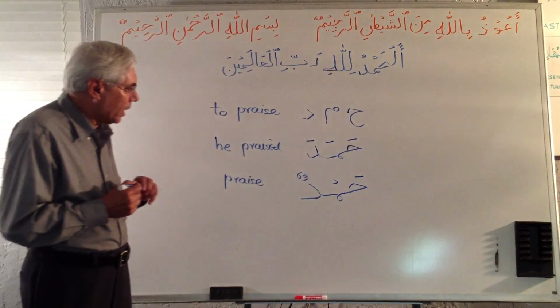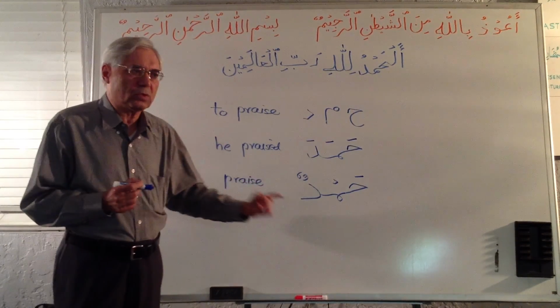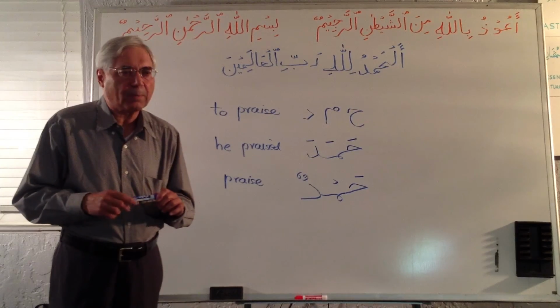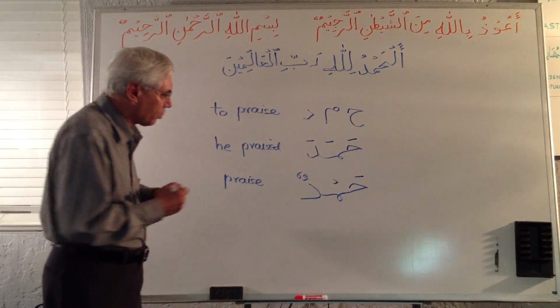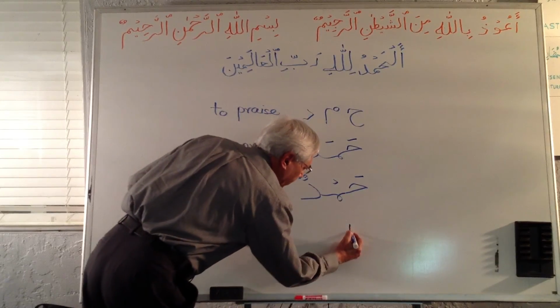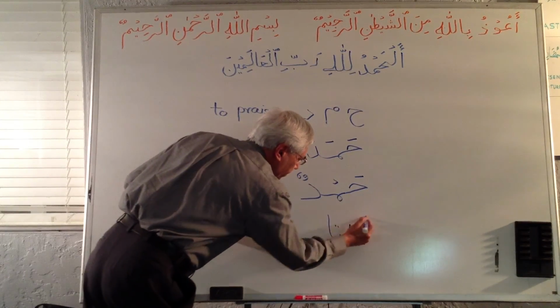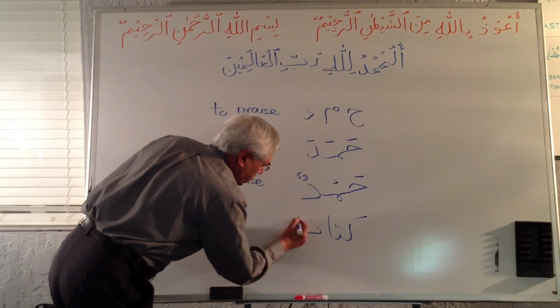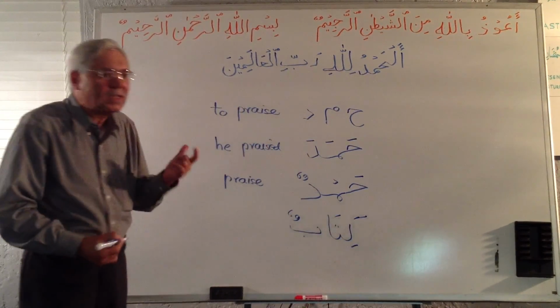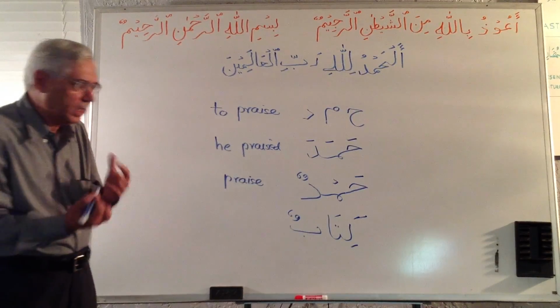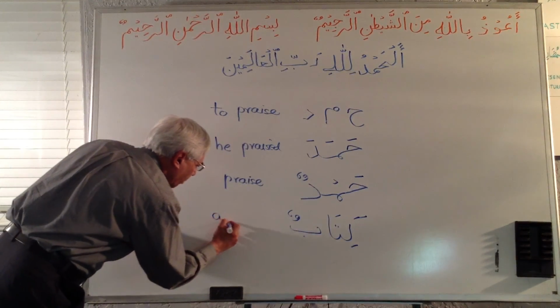Now, the meaning of this word. For example, kitabun, which I'm going to write down this way. What is the meaning of this word? In English, it means "a book."